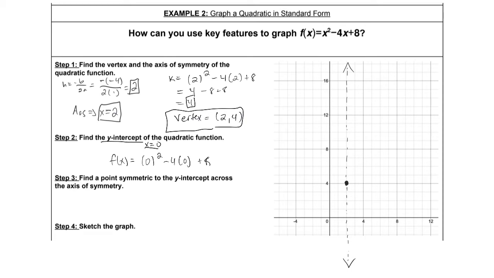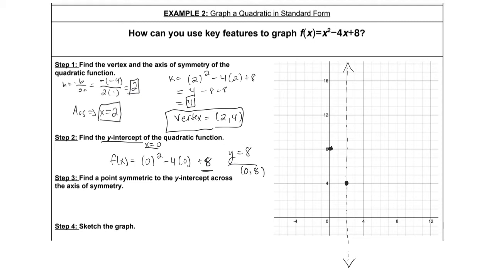You're going to notice, obviously, whenever you substitute in 0 for x, it's going to cancel out. So your y-intercept is always that c, or that constant. So your y-intercept is y equals 8, right? So that is 0, 8. So we plot it, 0, 8.